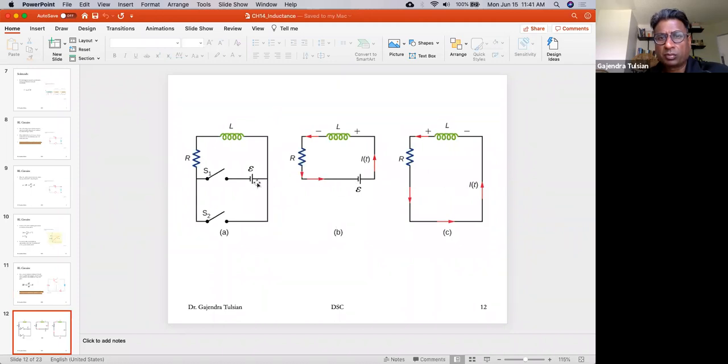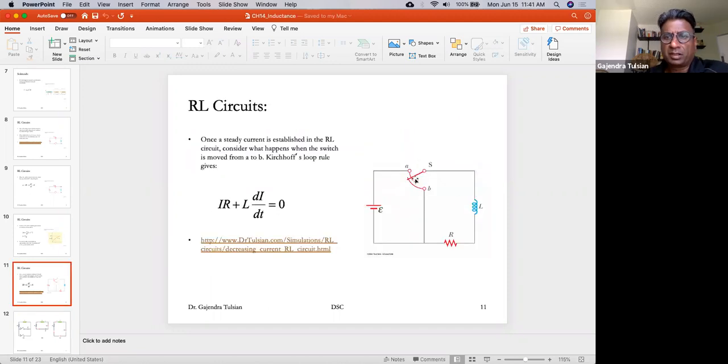When that switch is closed, the battery is driving the current. When that is open and this is closed, the energy stored in the inductor is driving the current. Anyway, I like this one better. So we'll flip from here to there and find the current in this circuit. Let's go to the whiteboard.